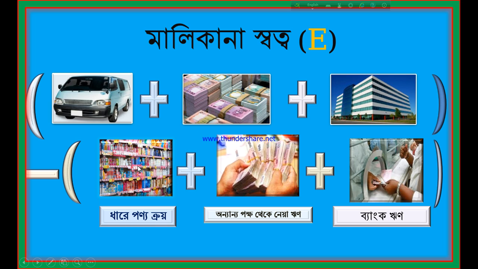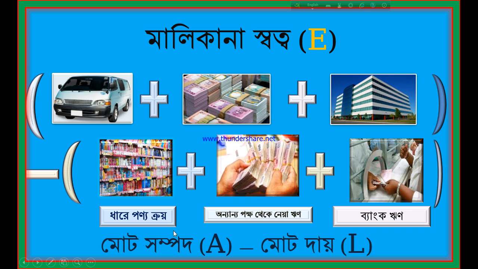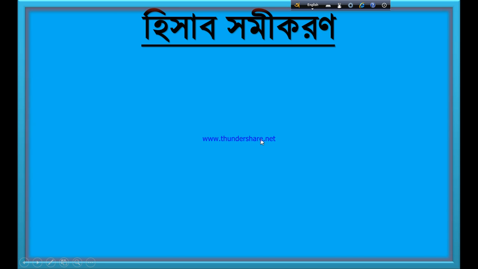Liabilities means, as I have already said, purchased products on credit, loans from third parties, loans from banks. Within the brackets, these are the liabilities. So if we deduct liabilities from assets, then we will get equity, or owner's equity.